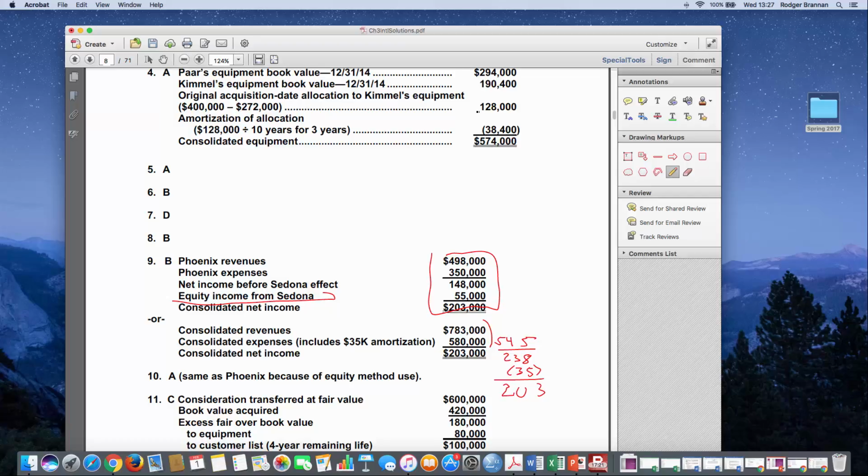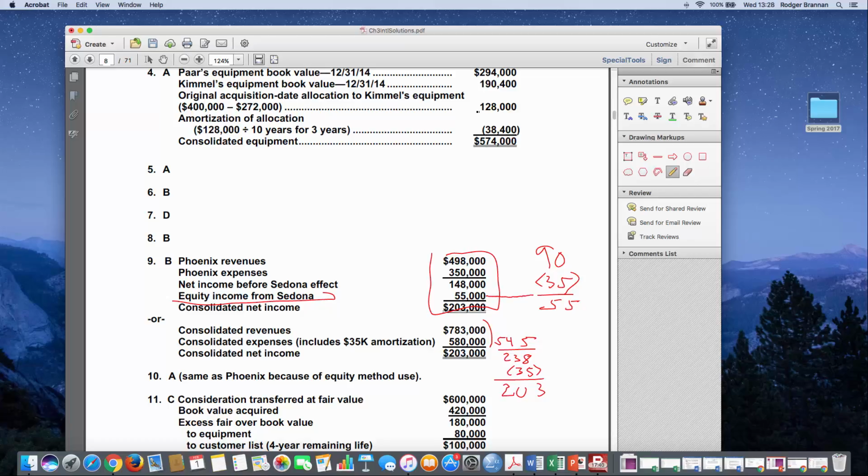Now, in fact, Sedona really had $90,000 of net income. However, if you subtract out the amount of amortization associated with that, 90 minus 35 gives you the net amount of 55,000.